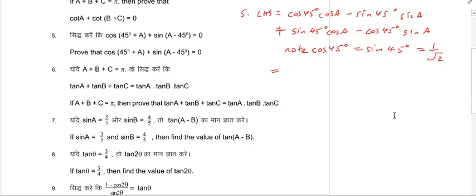Let's see. We rather write it out like this: 1 over root 2 cos a minus 1 over root 2 sine a plus 1 over root 2 cos a minus 1 over root 2 sine a.